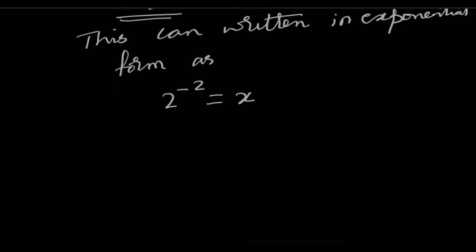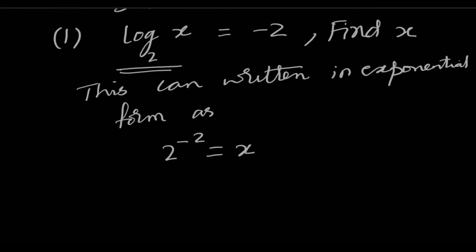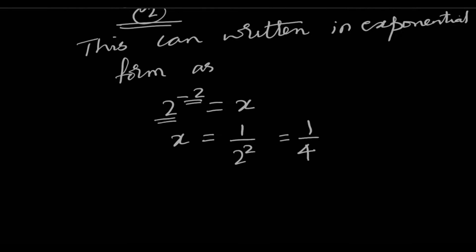Just see here, we write this 2 first and then raise it to the power minus 2 is equal to x. So x is equal to 1 by 2 square. Since you have minus 2 here, this 2 comes in the denominator. So this is equal to 1 by 4. So x is equal to 1 by 4.